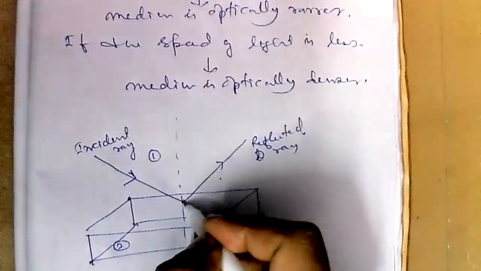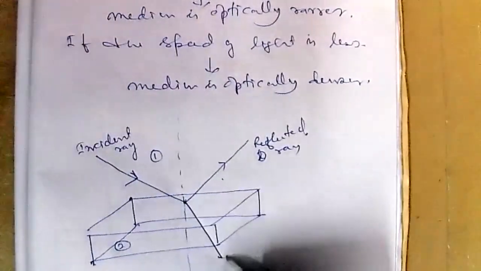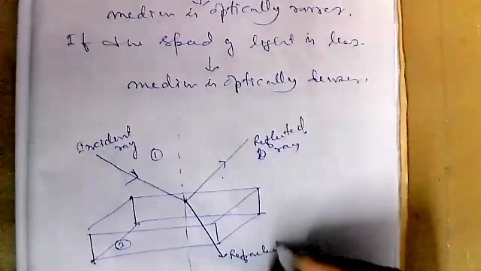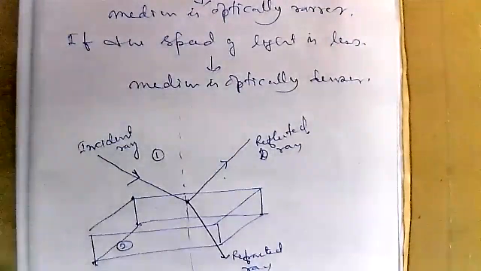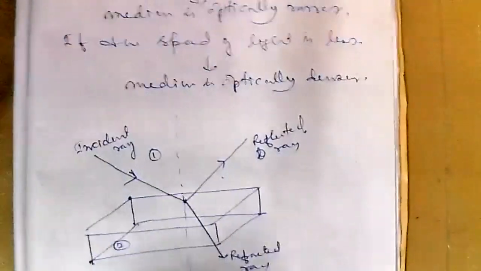A portion will be transmitted, but in a different direction. That is called refracted ray. And also a third portion will be absorbed. So there are three portions of the incident ray.